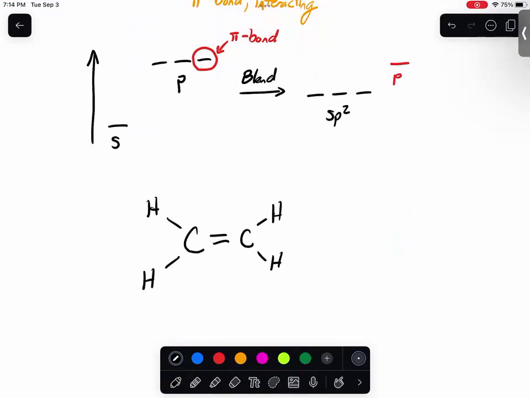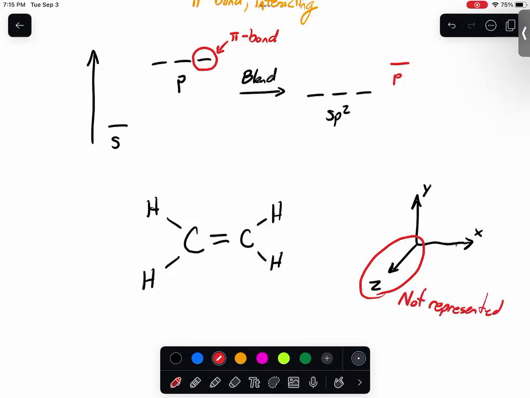Rather, whenever we're thinking about this structure, we once again have to think about 3D space, where we have this y direction, this x direction, and this z direction.